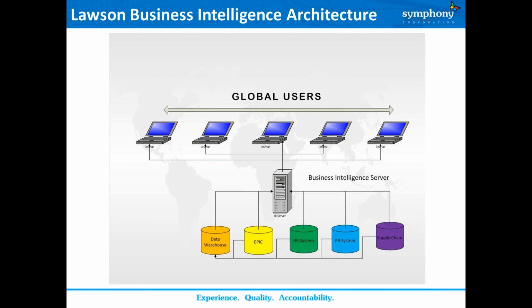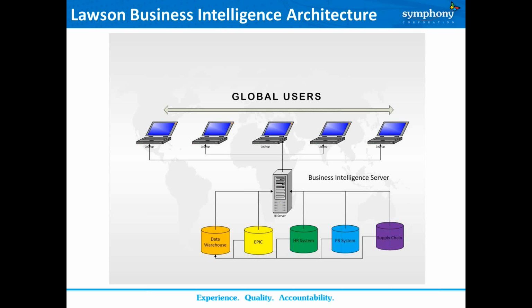Looking at the business intelligence architecture, this is the global architecture. On the top, all the laptops are your general users. They might be local, in different cities, or situated all over the world, but they can all connect to one Lawson LBI server to look at the data.